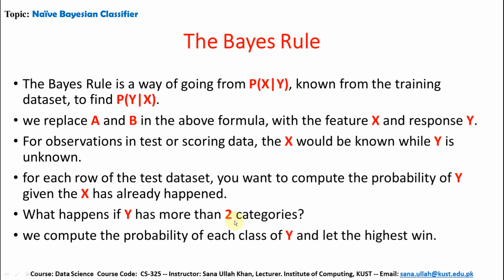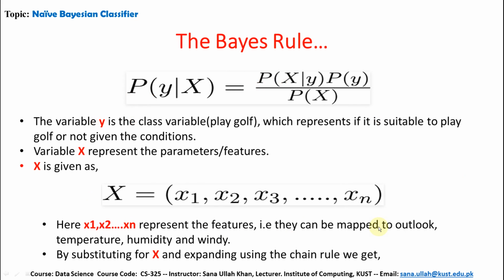If it is a binary classification, we compute the probability of each class of Y, both yes and no, and let the highest win. The class with the highest probability is the class it is put in. So the probability of Y given X is equal to the probability of X given Y times the probability of Y, divided by the probability of X.